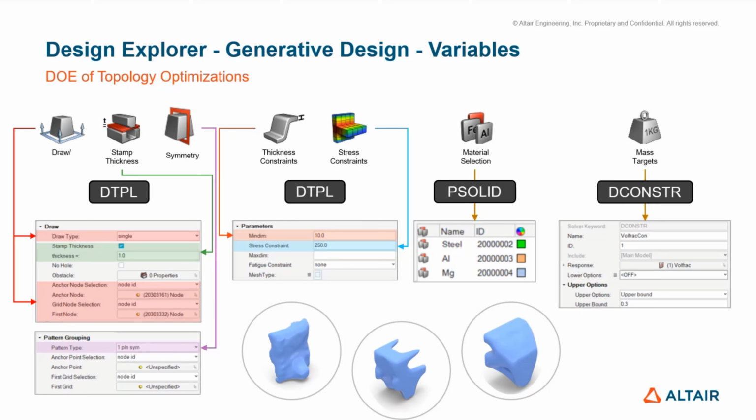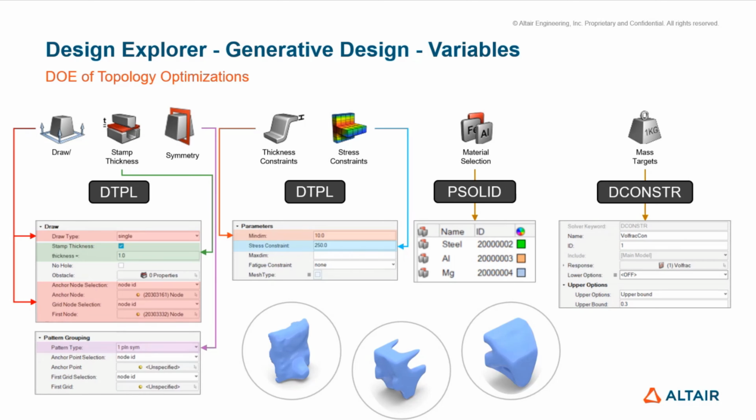In this case, the user will have set up a baseline topology optimization. So they'll have defined the topology design variable, the DTPL in OptiStruct, and there are many attributes on that card, and we're just allowing you to vary them or parameterize them in effect. So for example, the first three there, draw, stamp thickness, and symmetry, just pointing out where those are on the DTPL.